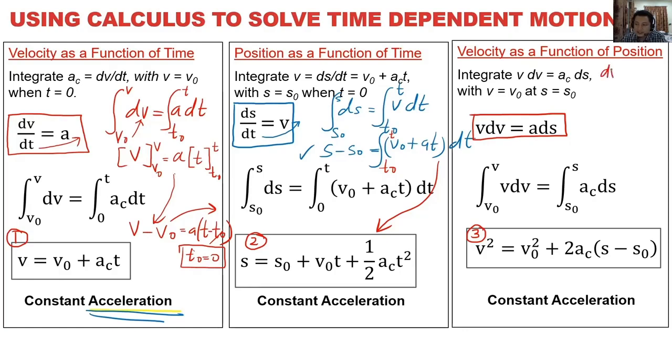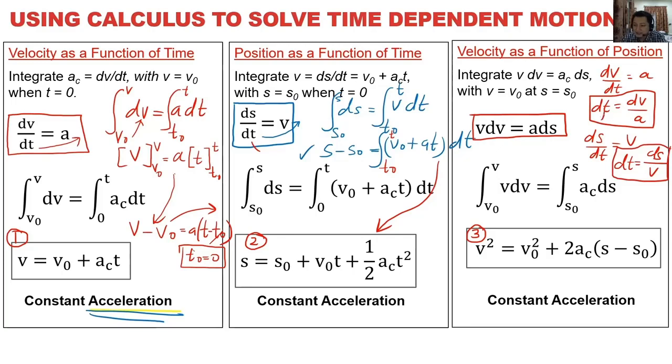Which is dv over dt is equal to a. So dt is equivalent to dv over a. Okay, let's take this one, dv over a. And then take a look at the second one, ds over dt is equal to v. So again, rearrange it: dt is equal to ds over v.